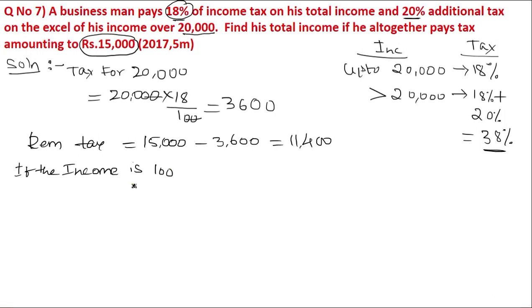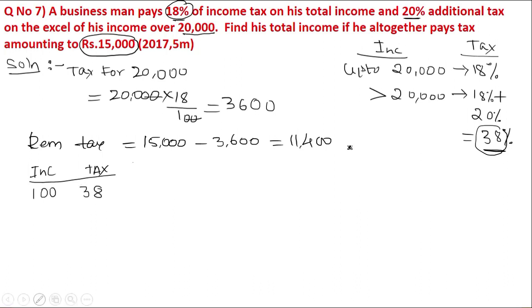I'll write it symbolically. Income and tax. See, if the income is 100, how much is he going to pay as tax? He is going to pay 38 rupees. Correct? Here, how much is the tax paid? 11,400.